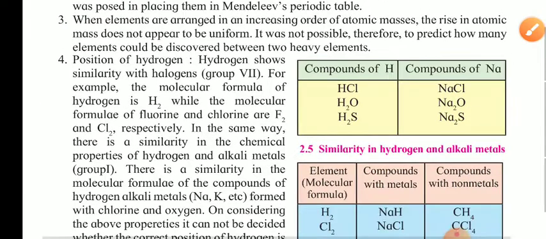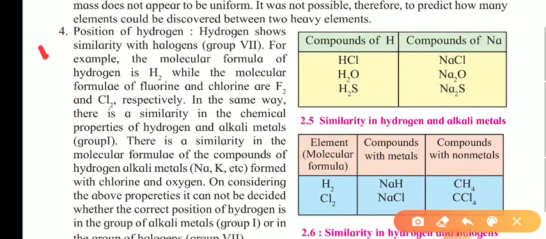Further is the position of hydrogen, another important demerit of this particular periodic classification. Hydrogen shows a similarity with halogens, which were placed in group 7. For example, the molecular formula of hydrogen is H2, and for the halogens we also have Cl2, Br2, I2. In the same way, there is a similarity in the chemical properties of hydrogen and alkali metals, which were placed in group 1.